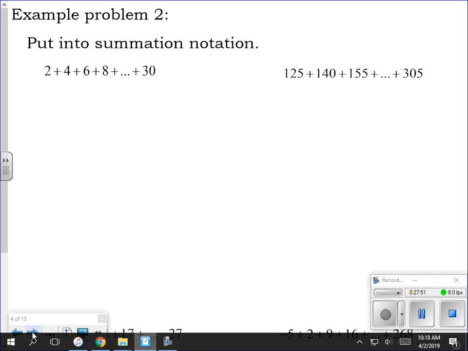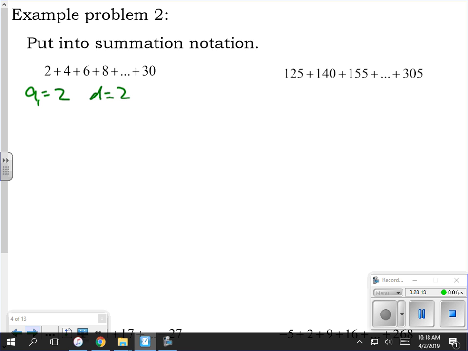And I need to know what d is. So my first term, a sub 1, is 2. My d that I need to know is 2. And then I need to know how many terms there are.